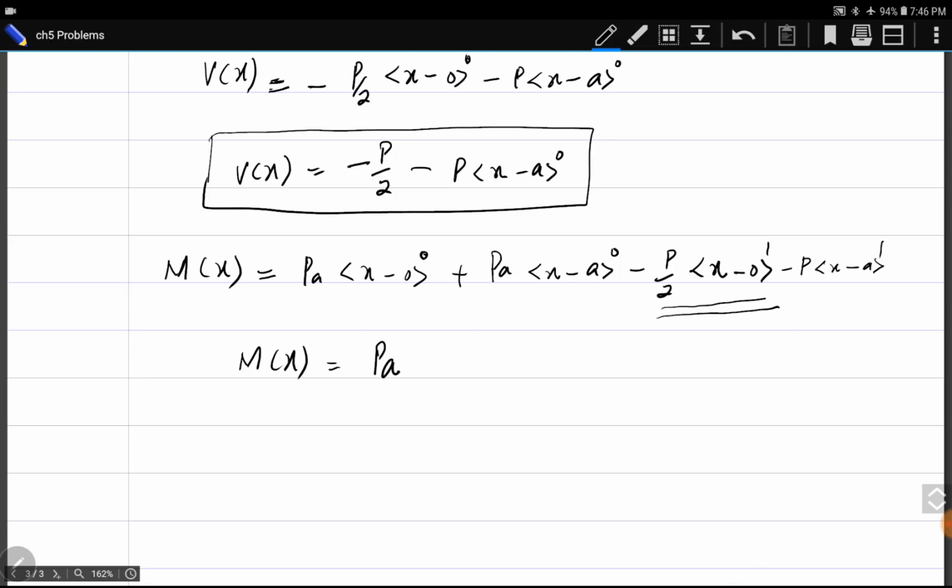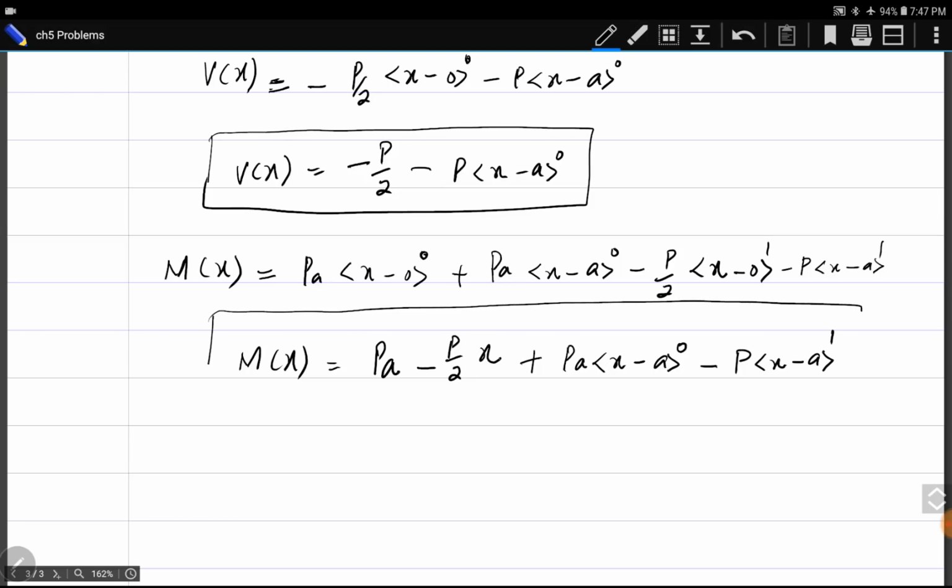X minus 0 is x and x power 1 can be written as x. Minus P by 2 x. And the other two functions will be the same as they are, PA into x minus a power 0 minus P into x minus a power 1. So this is our expression for the bending moment, singularity function for the bending moment.